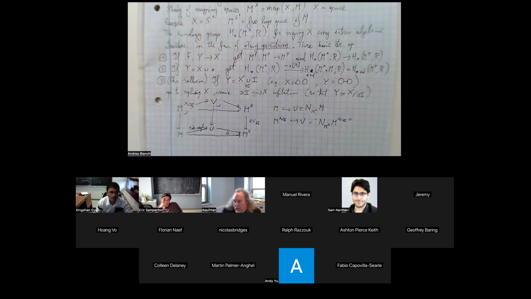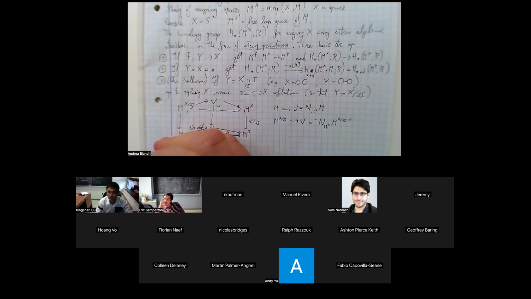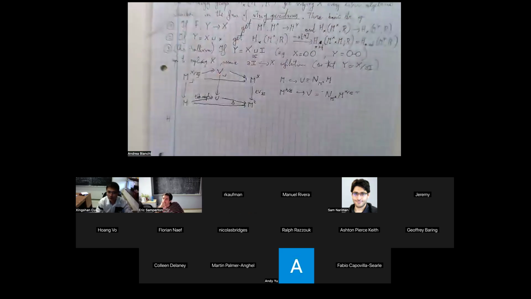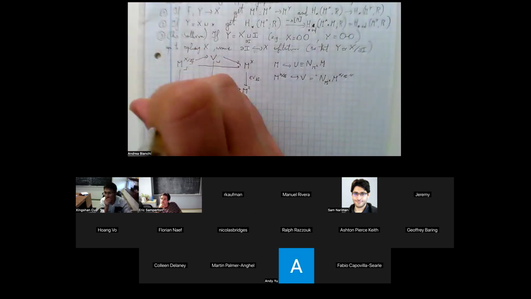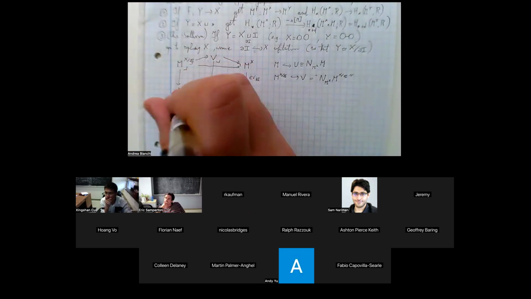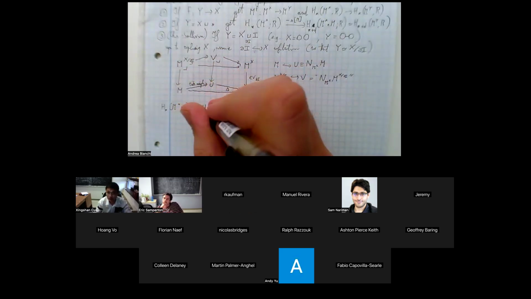Okay, and what we can now concretely write is a chain of maps of homology groups. We start with the homology of M to the X. We go from absolute homology to relative homology.